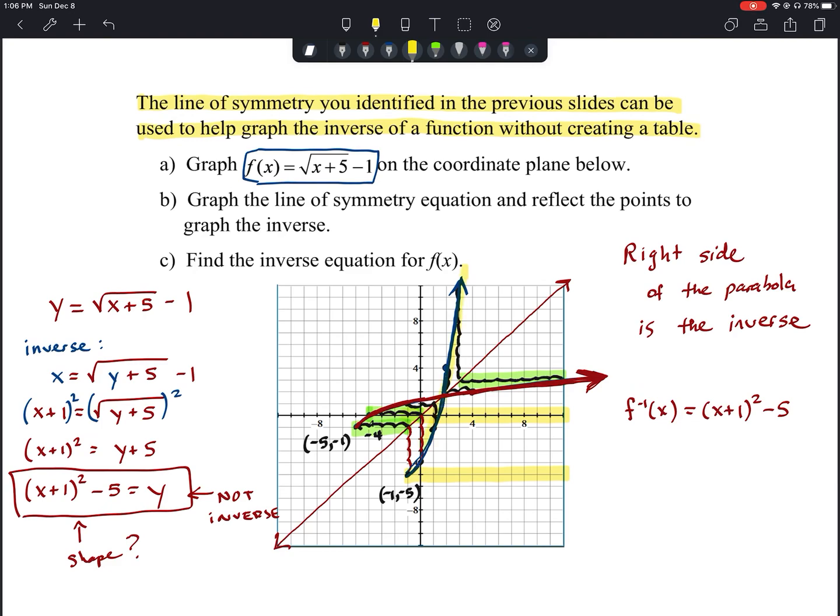Or just this right side of our parabola is the inverse. So our domain for this function is going to end up being x is greater than or equal to -1.